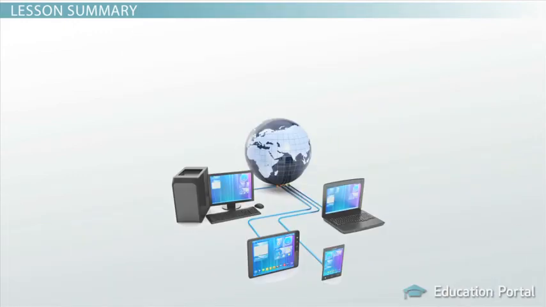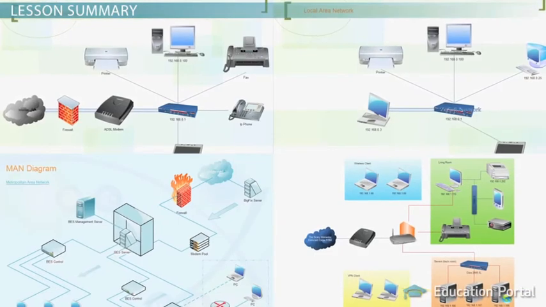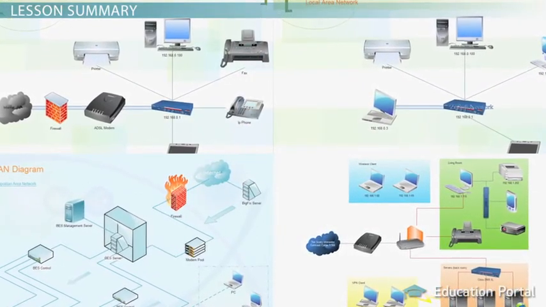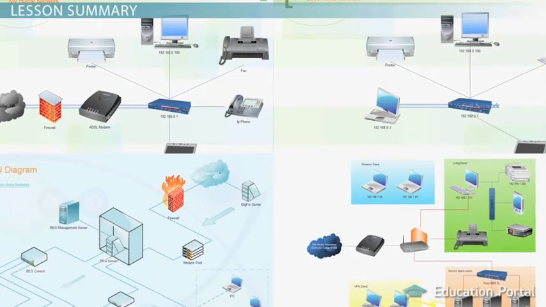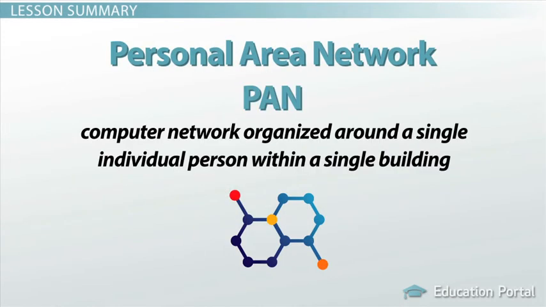Computer networks can be characterized by the geographic area they occupy and the purpose of the network within this geographic area. Networks can cover anything from a handful of devices within a single room to millions of devices spread across the entire globe. A personal area network is a computer network organized around a single individual person within a single building.